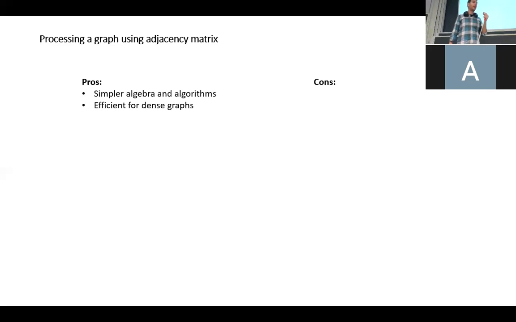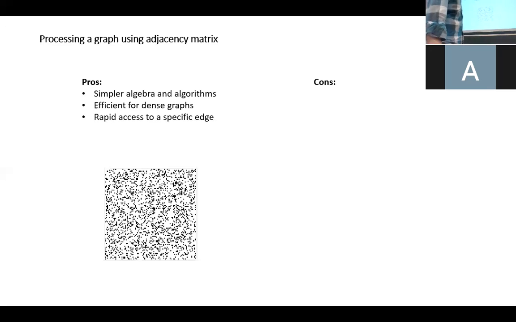If the network is very much connected and we have a lot of edges, it's not really inefficient to represent this, and we have very rapid access to a specific edge. If I want to check whether there is a connection between 2 nodes, I can immediately find it because it's in my array. I have it already. So it is good for these kinds of networks. Here, every white pixel is a connection and every black is a disconnection.